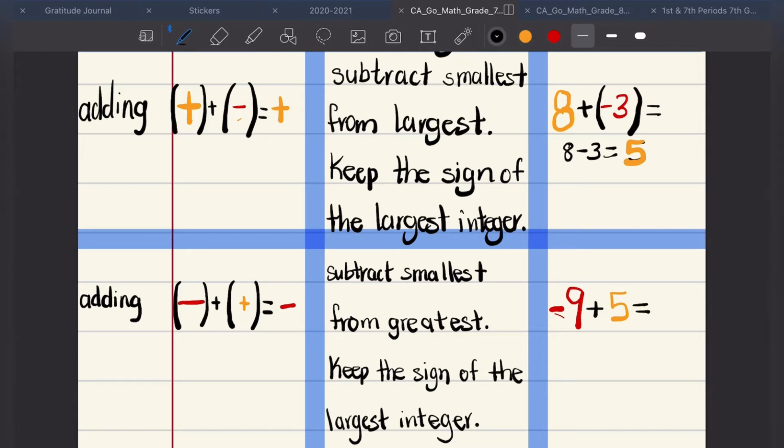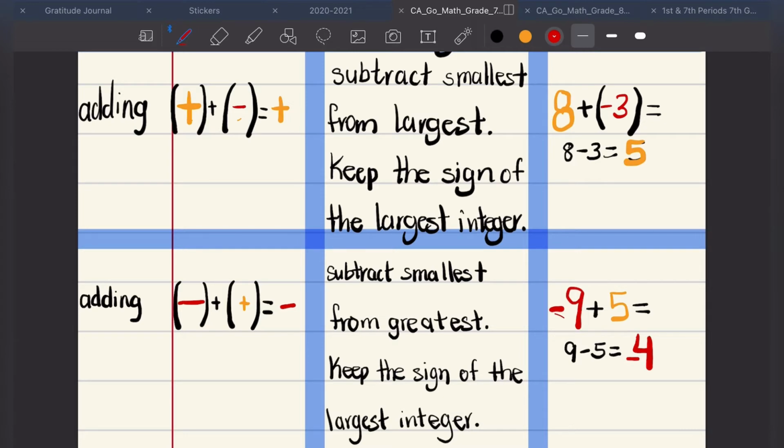So again, with this one you use the absolute value, so you use 9 minus 5, that gives me 4. And if we keep the sign of the largest number, which would be the 9, then your answer becomes negative.